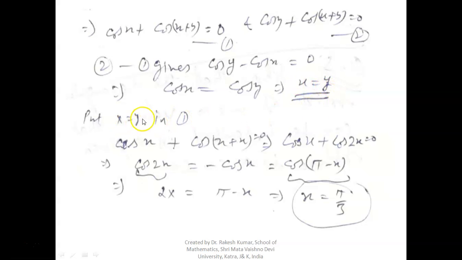Just putting x equal to y in equation number 1, we get 2x equal to pi minus x, and this implies x equal to pi upon 3. So therefore x equal to y equal to pi by 3 is a stationary point. So that is pi by 3 and pi by 3.